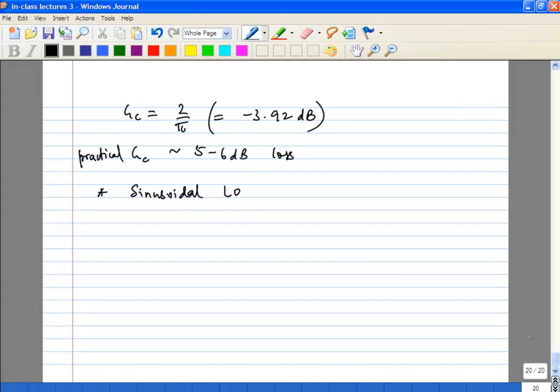Here we have used a square wave LO. If you use a sinusoidal LO, it so turns out that you can actually get higher gain. It seems counterintuitive, but you can get higher gain. Okay.